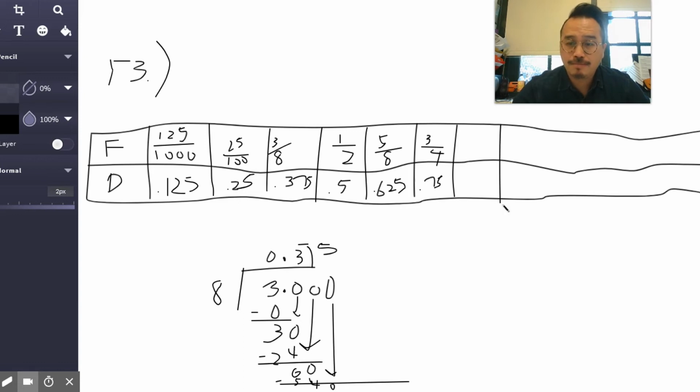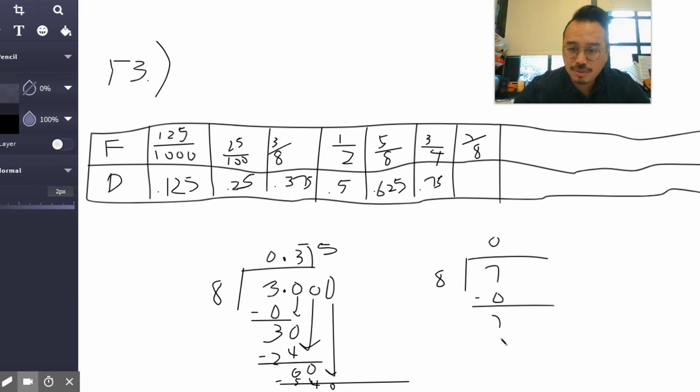7/8. Oh man, I can't think of it off the top of my head. Let's see. 3/4 is 0.75, so 7/8 is 0.8-something. Is it 825 or 835? A little tired, so let's do this then. 0 times.